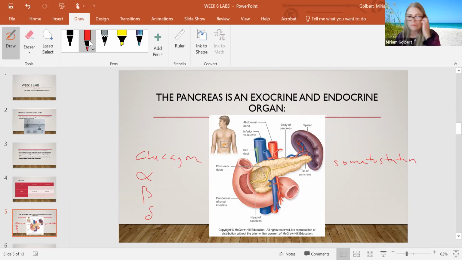Somatostatin. So somatostatin, we're going to refer to in the lecture, has to do with blocking or inhibiting the growth hormone. But the two most important ones for glucose metabolism, obviously, are alpha and beta cells in the pancreatic islets. So beta is insulin, alpha is glucagon.